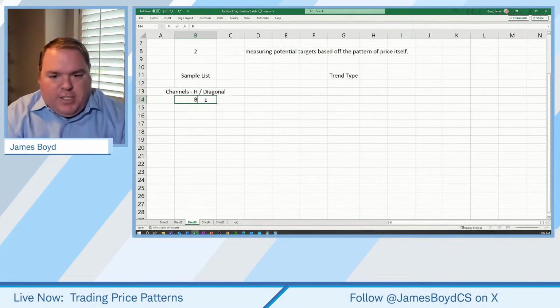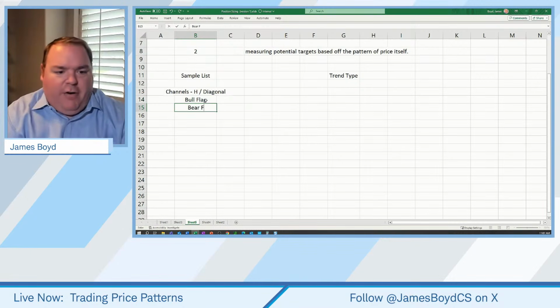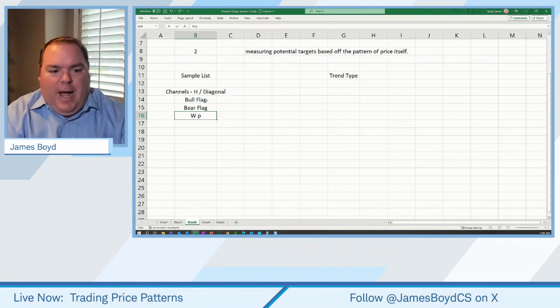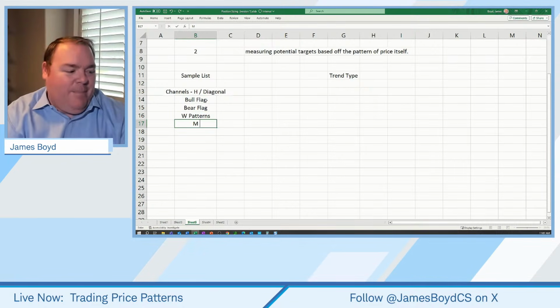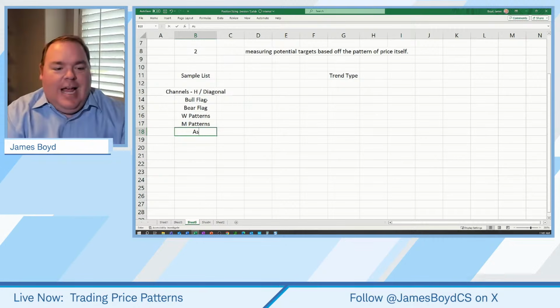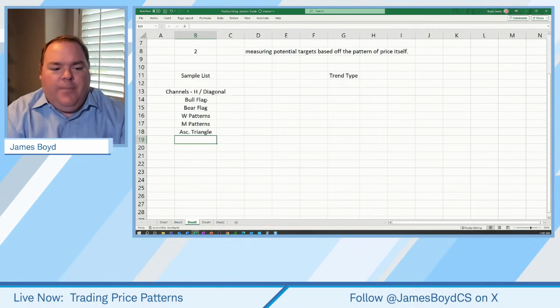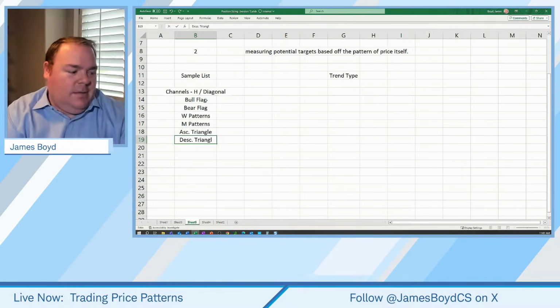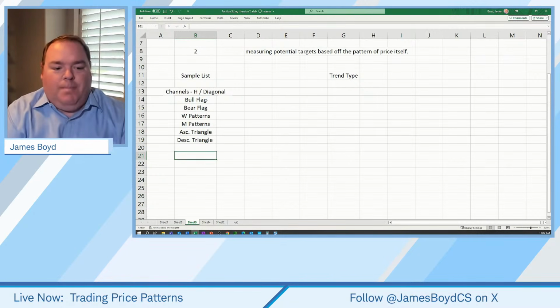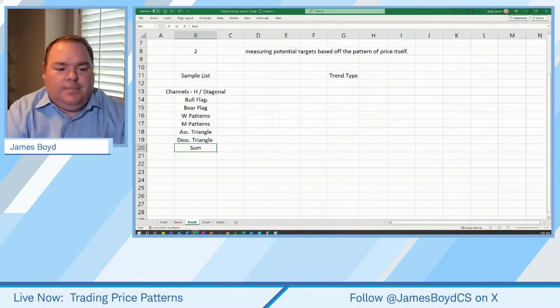Obviously, when we say price patterns, we would say bull flag, bear flag, W patterns, which we've talked quite a bit about. I am going to include M patterns. Stay tuned. And also I'm going to put ascending triangle, descending triangle, symmetrical triangle.